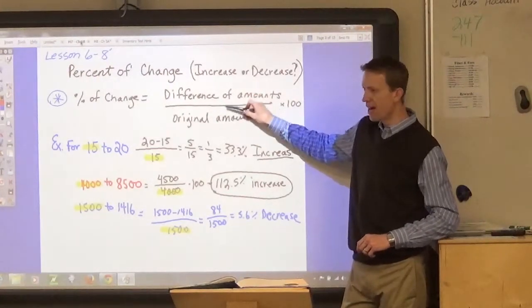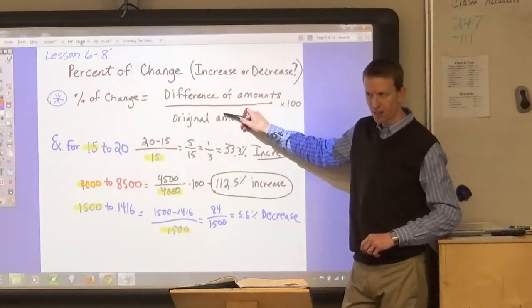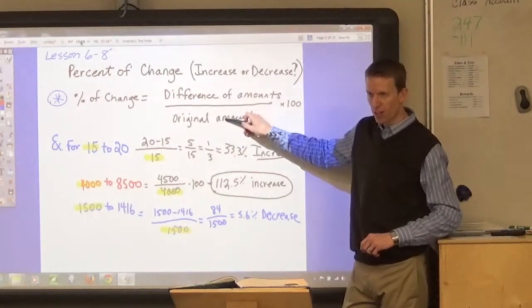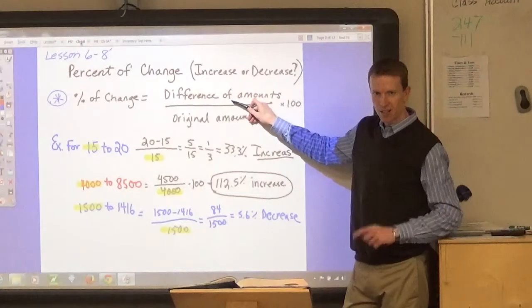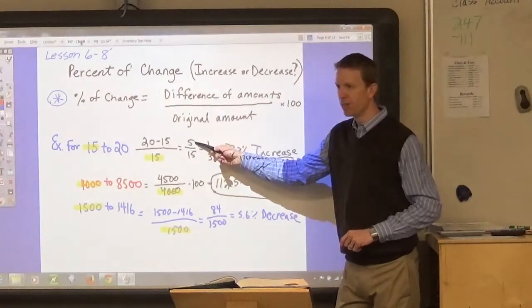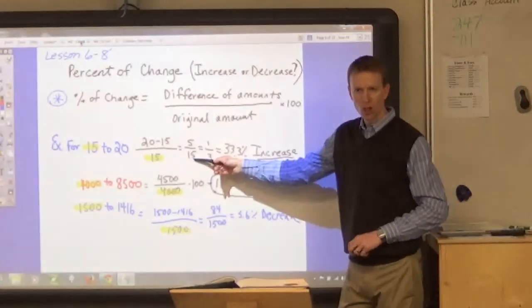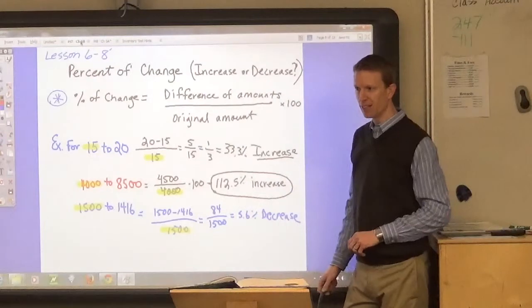So what does that operation show? What is that operation if something is over another number? Division. Division, yeah. So the difference is 5. It's written over 15. So we divide it to find the percent.